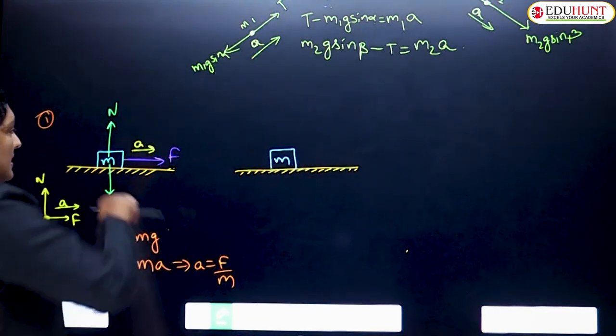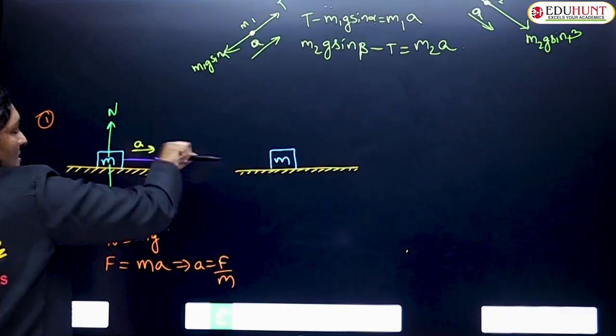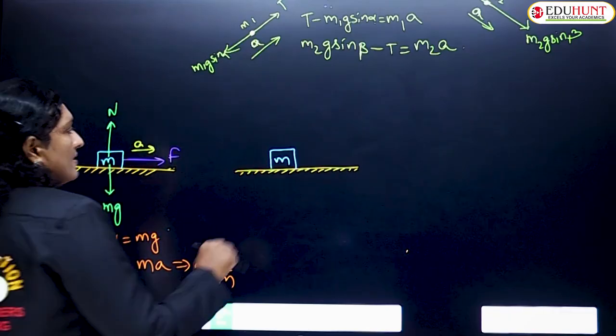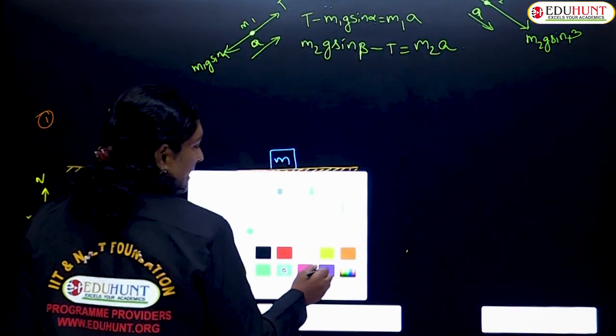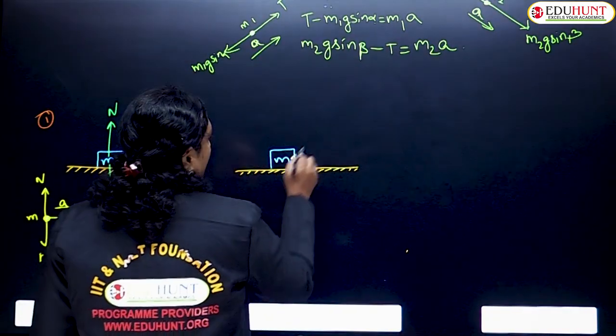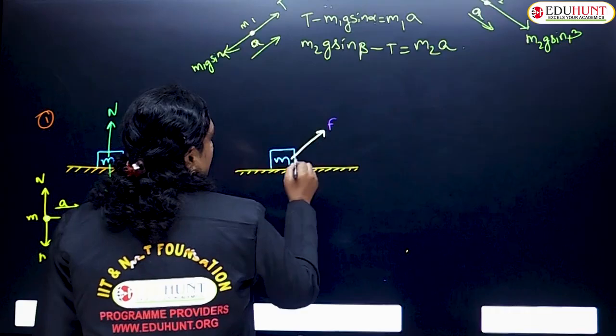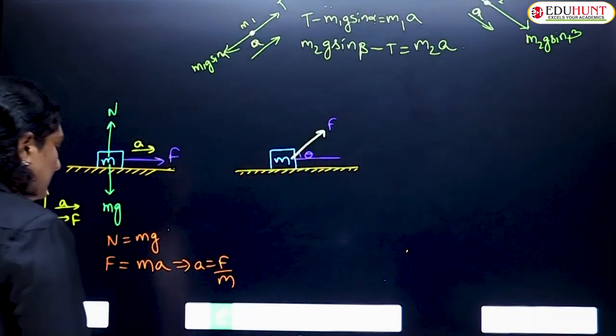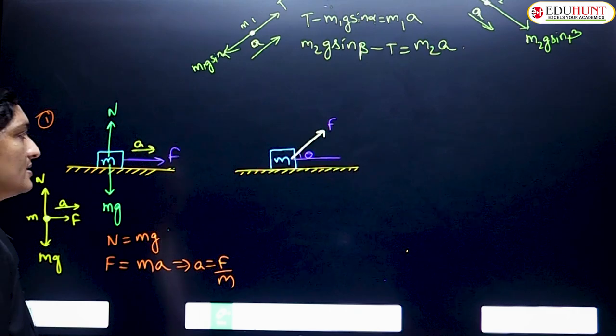Earlier, the force acted along the surface, that is parallel to the surface. Now suppose that some force F is acting, making an angle theta with the horizontal.